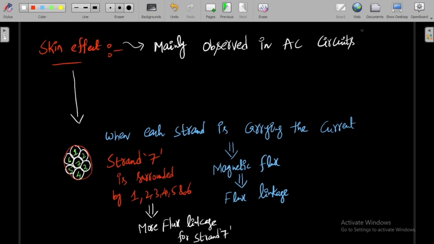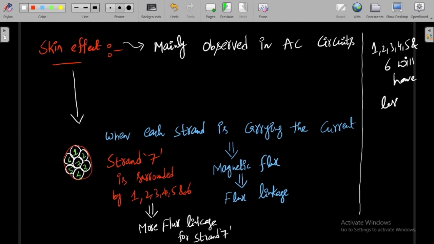Now what about 1, 2, 3, 4, 5 and 6? They will have less flux linkage. Why? Because each and every outer strand is surrounded by 3 strands.